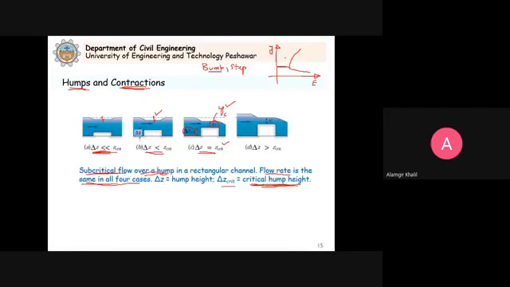The depth is decreasing from here, and now this is YC. For this YC, we have this E minimum. This is the energy, because the water should have energy to flow. So now the critical depth has occurred, and for the flow to be the same, this is the minimum energy required to cause the flow.